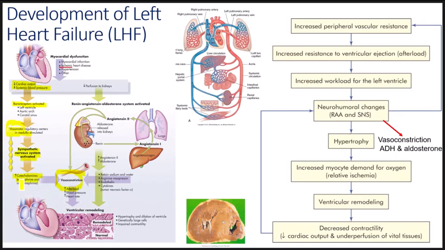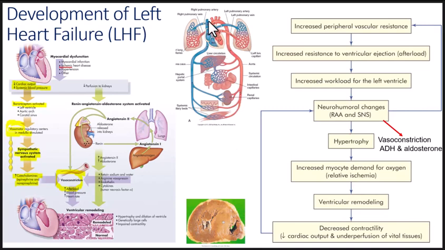You might recall that catecholamines, epinephrine and norepinephrine, are involved in our sympathetic nervous system, and they have the effect of causing vasoconstriction. We're going to see vasoconstriction of certain blood vessels, including the blood vessels in your extremities, the less vital areas of the body. This vasoconstriction means that the heart has to work harder to pump blood out of the heart.